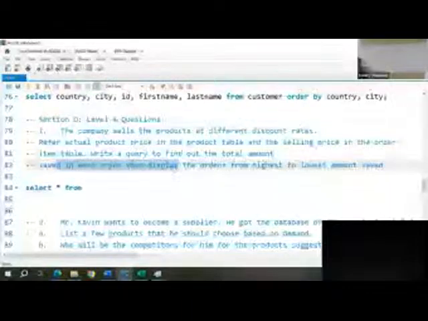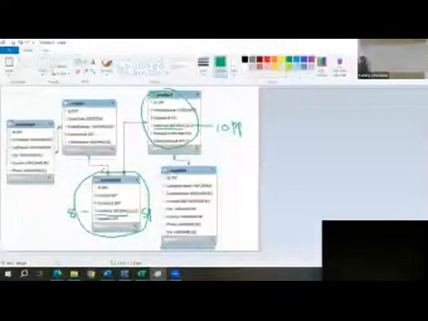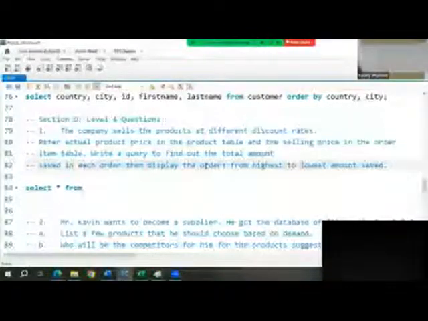Then only, where is this data? Product price, selling price, order item and product. So to get this data I have to do a join, and after this you get the sum. They ask for each order or for customer? Each order they are asking, right?